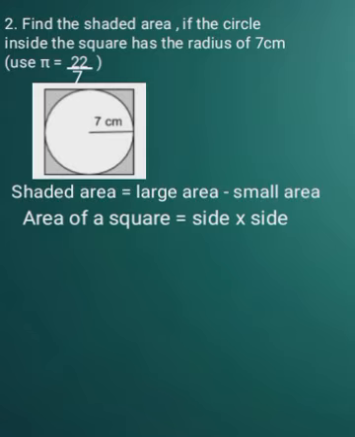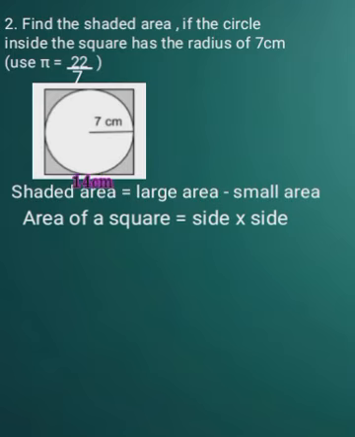Remember, the radius of this circle is the same as half the distance of this square. So this 7, we have to multiply it by 2. When you multiply 7 by 2, we get 14. It means the side has got 14 centimeter.